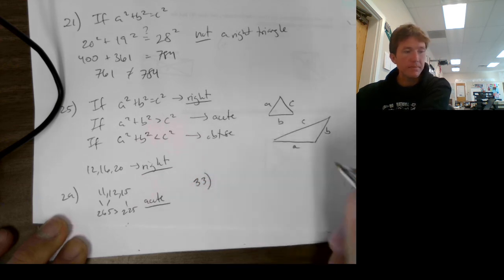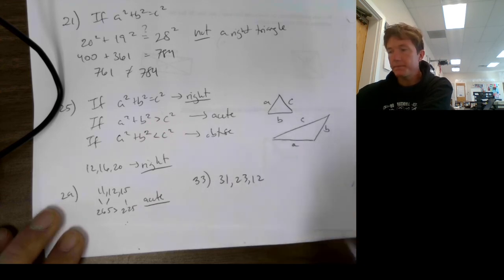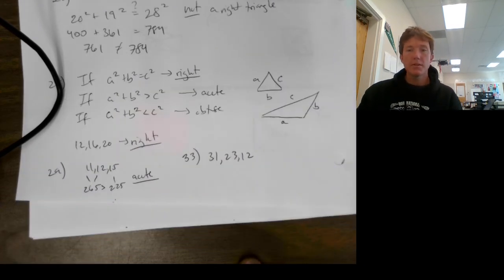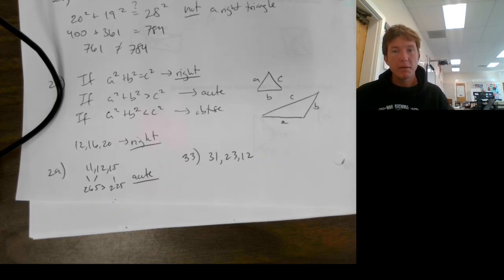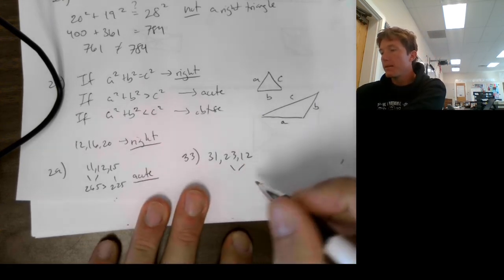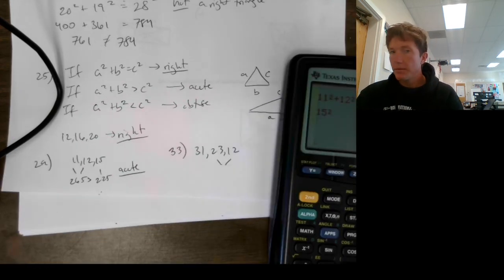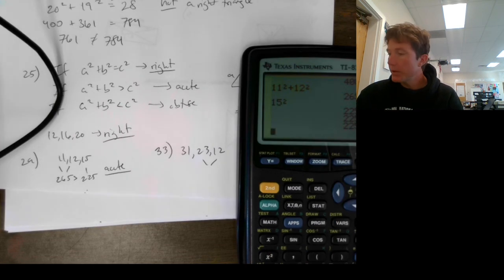Okay, that was 29. Let's do 33 next. We have 31, 23, and 12. It's trying to trick you. These are written out of order. The hypotenuse is always going to be the largest side. So this is your a, this is your b. Let's do 23 squared plus 12 squared.